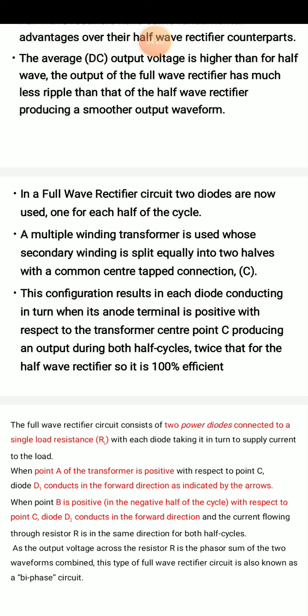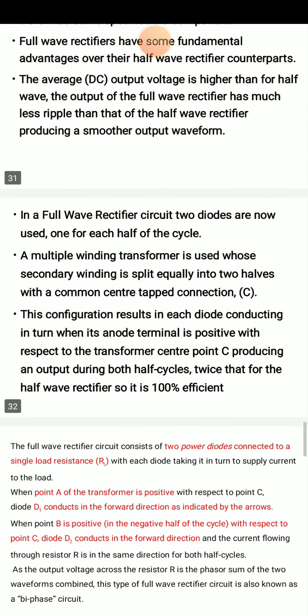In the half-wave rectifier waveform, it converts AC into DC with current flowing only in the positive axis, not in the negative axis. Whereas the full-wave rectifier can operate in both the positive as well as the negative axis.